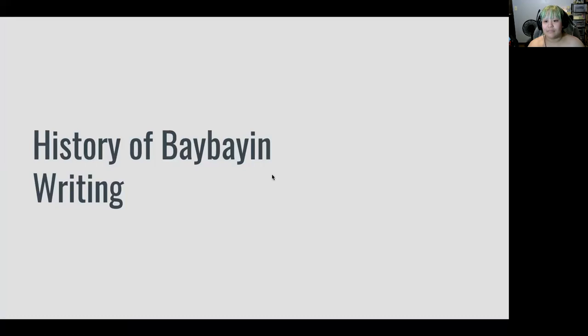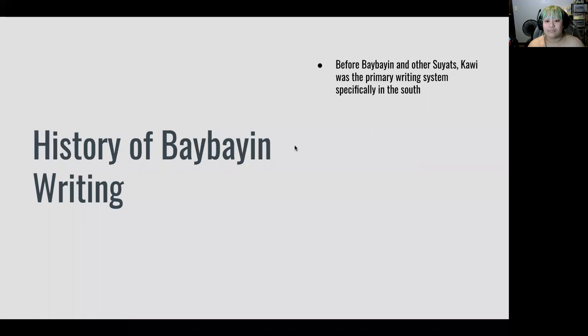Okay, so the history of Baybayin includes, before Baybayin and other suyats, Kawi was the primary writing system, specifically in the southern part of the Philippines. This is because of the influence of the Rajanate and Sultanate of Brunei, and with the pre-colonial Philippines being a part of the Islamosphere and the Indosphere specifically.